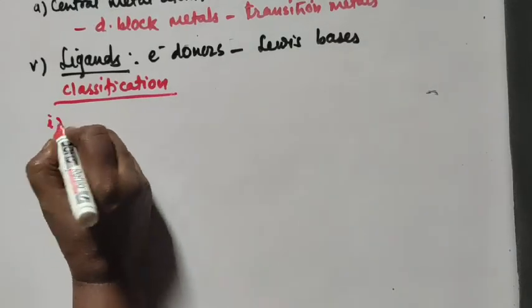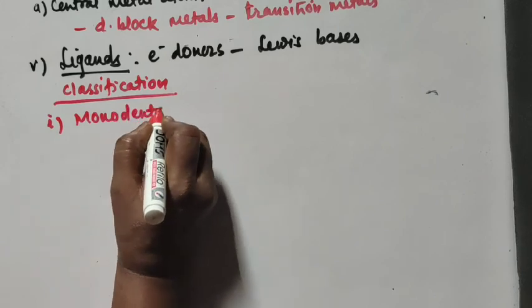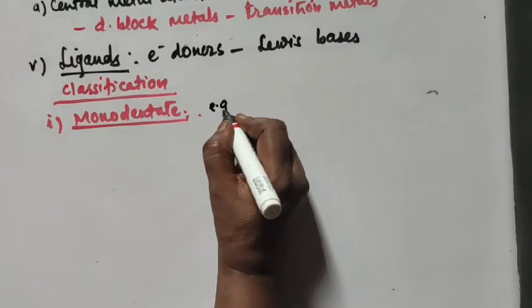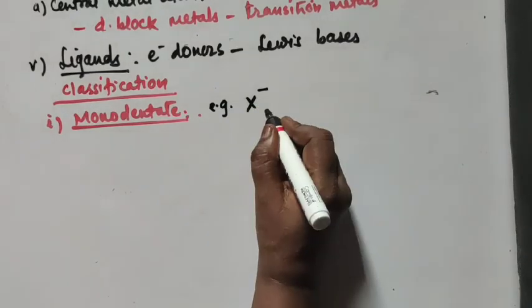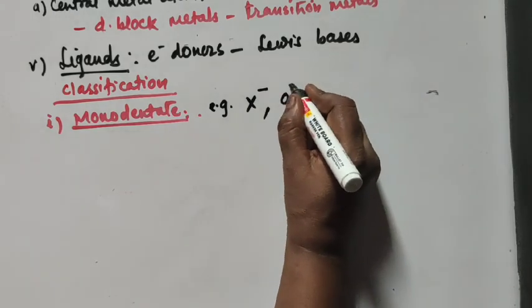First one, I'll write here, classification. So first is monodentate. Mono means one. Monodentate. So when only one atom is there in the molecule which can donate the electron pair, then it is a monodentate. We can take examples of halides, X minus, that is Cl minus, Br minus, I minus, then OH minus, hydroxyl group.